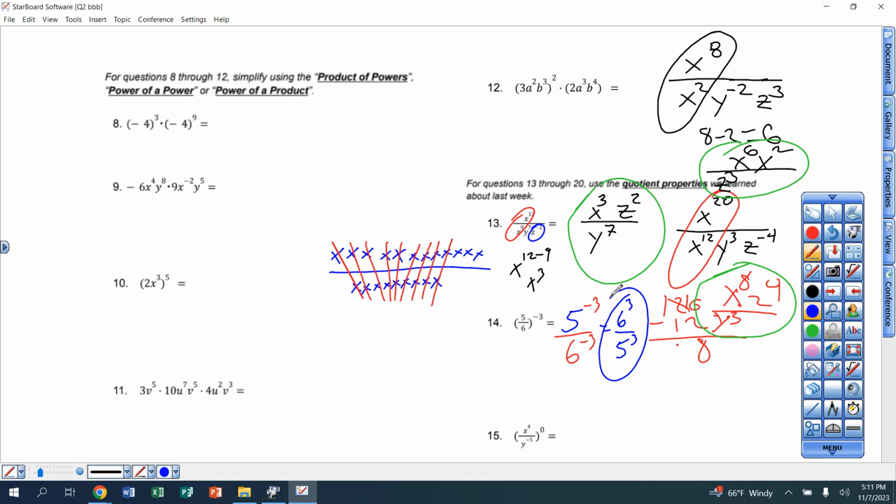Oh, then I might have done mine differently, yeah. Another way is just like if you had 4 to the negative 2, you flip it and make that positive. You could do the same with this. You could put this whole fraction over 1. You could flip it so that 1 goes to the top, and this fraction 5/6 to the 3rd becomes positive.